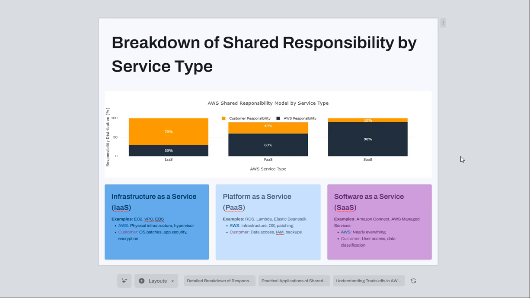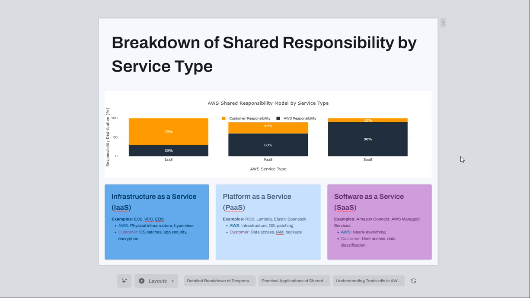Looking at the first one, infrastructure as a service, IaaS. Examples are EC2, VPC, and EBS. In that case, AWS looks after the physical infrastructure and hypervisor, making sure everything is up and running with all the physical connections in place.